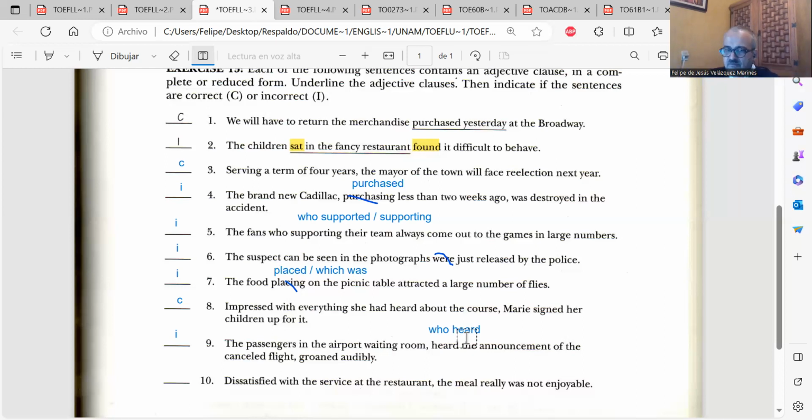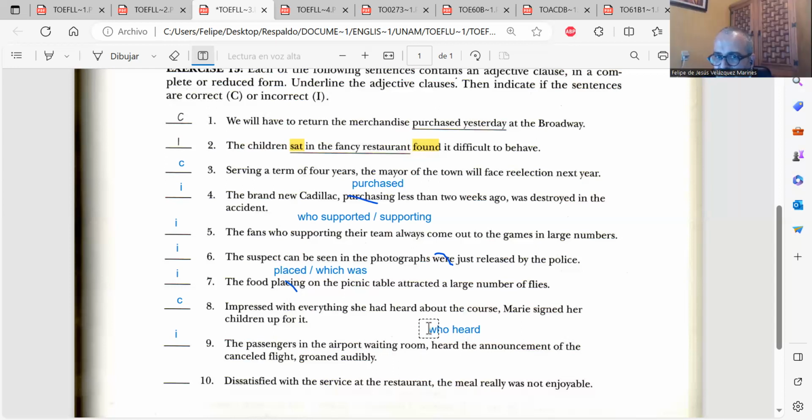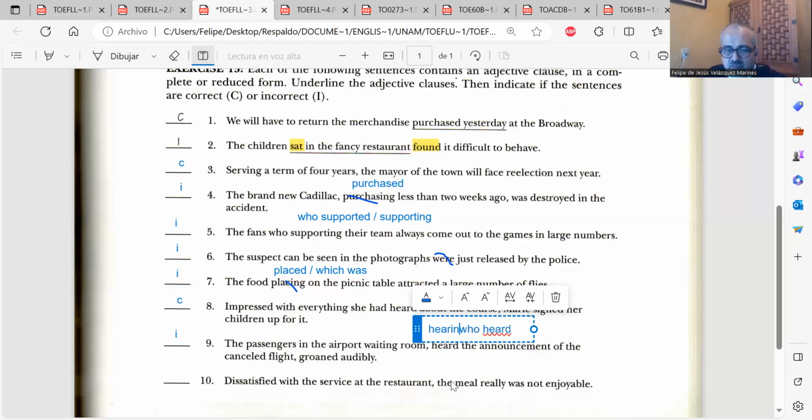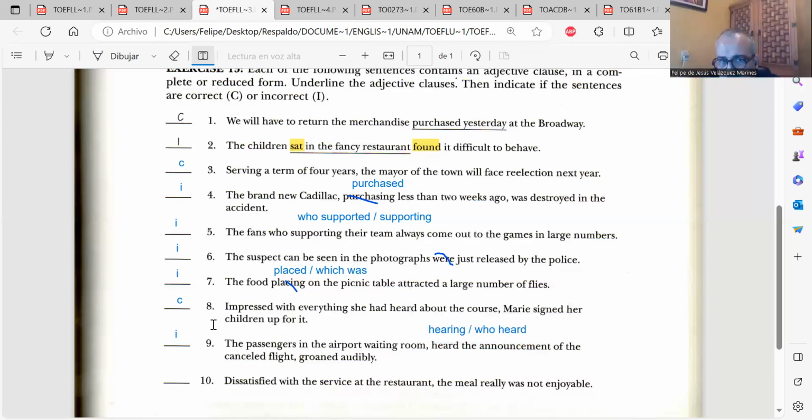Now the reduction: did they do the action or receive the action? The passengers did the action. Remember that when they do the action, it is ing. So we eliminate who and we change the verb to ing. Hearing. The passengers in the airport waiting room hearing the announcement of the canceled flight groaned audibly. Because they did the action, hearing the announcement.